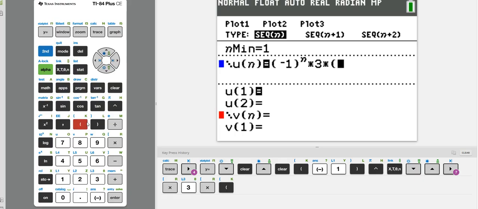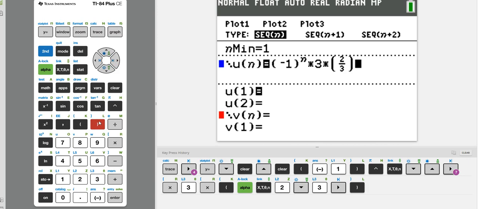And now I want a fraction. Now it depends on your calculator. Some of you might need to hit the alpha key and then the y equals key to get the fraction. On mine, I get that fraction right there next to the link. So if I hit alpha and then x, it gives me a nice fraction. That's going to be 2/3. I think in putting it in this way, I'll actually get nice fractions when I go to the table.